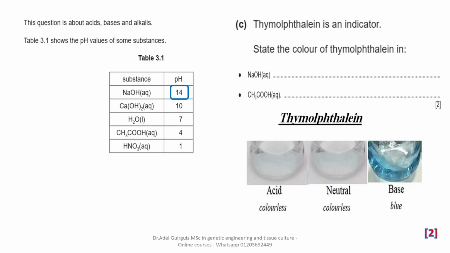Look, it turns blue, so the answer is blue. What about if thymolphthalein is added to a beaker or flask containing an acid like ethanoic acid? It has a colorless appearance, with pH 4.